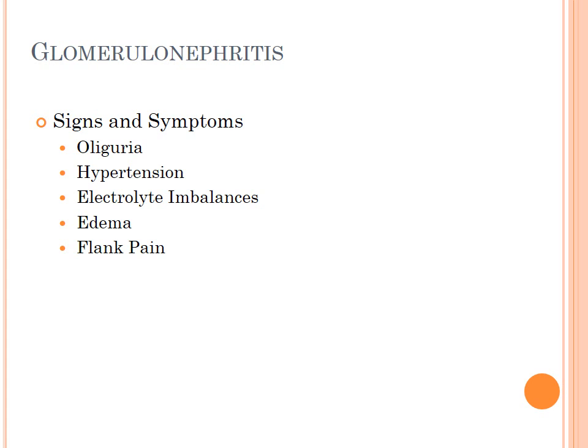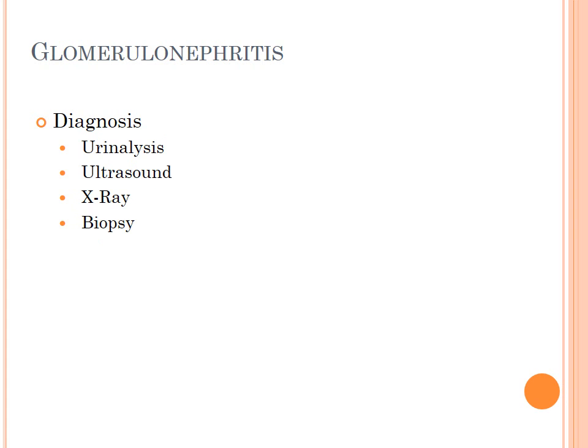Changes in color of the urine: it may be darker, may show protein and be foamy, and have red blood cells, white blood cells, albumin, casts, etc. Ultrasound may be done, X-ray, and biopsy for glomerulonephritis.